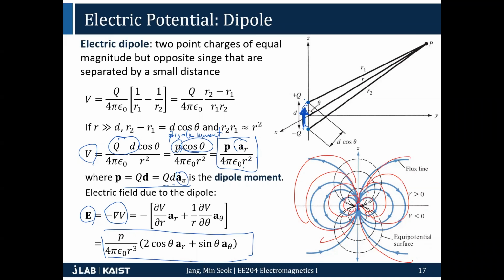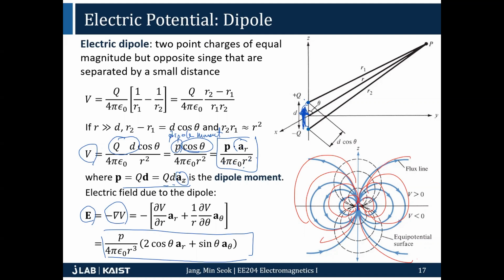And as I said, you can solve the same problem by directly solving for the electric field. No problem doing that, okay? But it's more complicated. You need to deal with each component of the electric field in a proper manner, and it's more likely that you make a mistake while solving the problem.